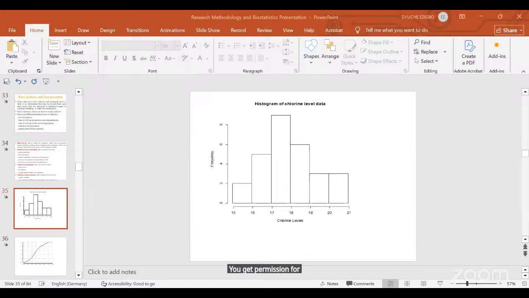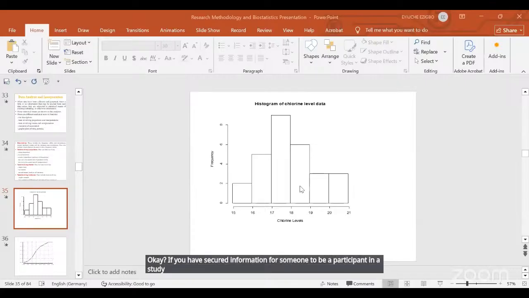But if it is observation, the only thing that you may need in the observation method is to get permission for someone to be a participant in a study. Okay? If you have secured permission for someone to be a participant in a study, that is enough.